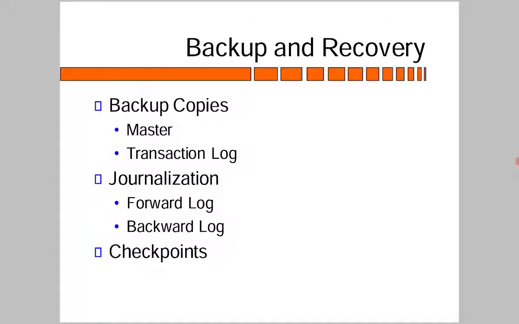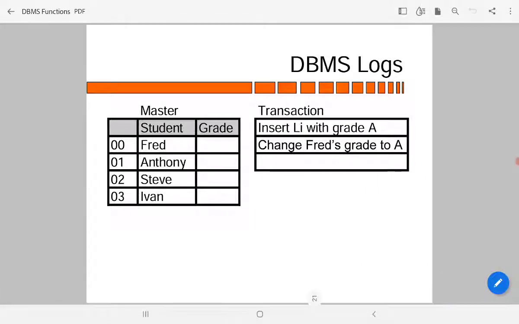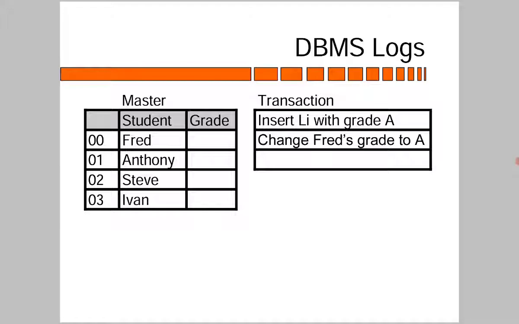So backup and recovery. Backup copies are generally masters and transaction logs, and generalization means forward log and backward log and checkpoints. All these are different types of backups used. Next is the DBMS log. What are logs?